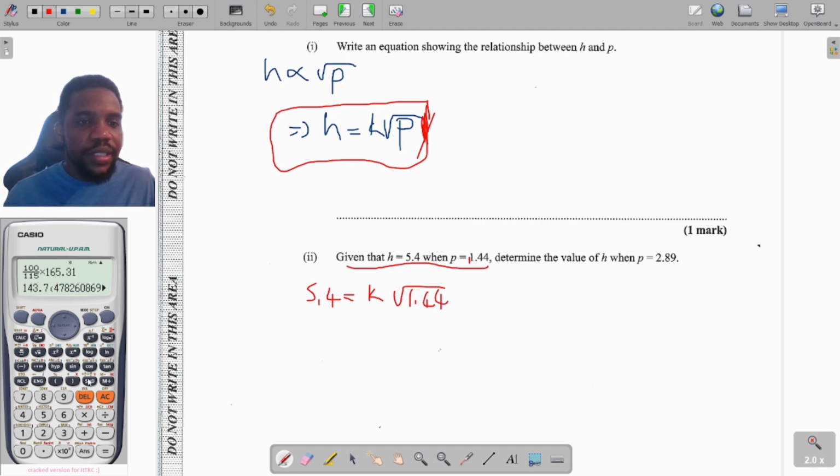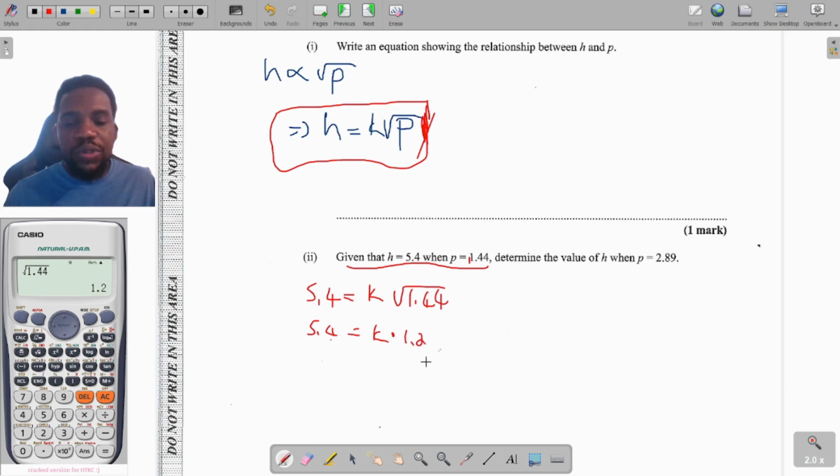Let's clear everything up. So the square root of 1.44 is equal to 1.2. So we're going to have 5.4 is equal to k times 1.2.